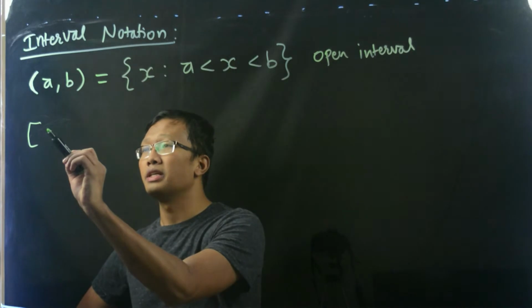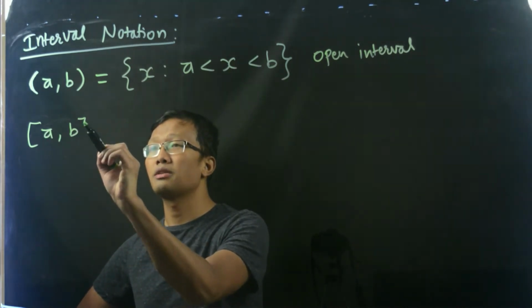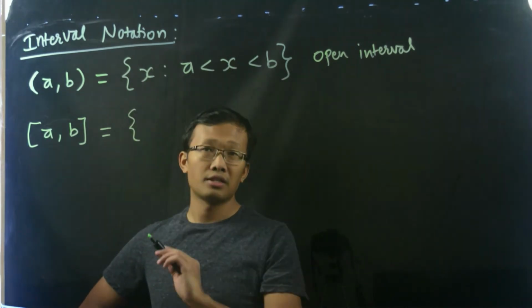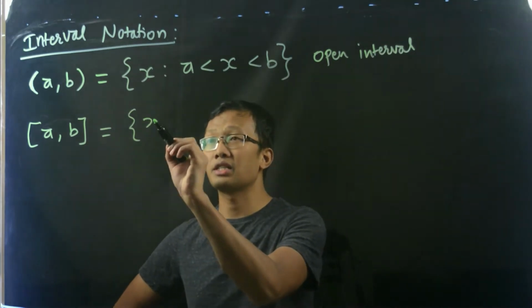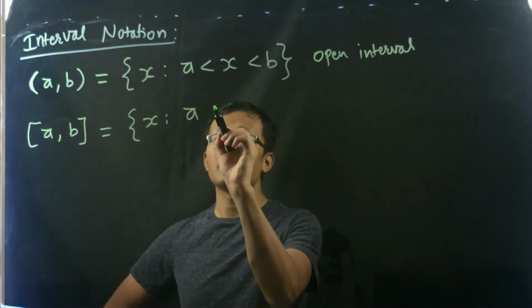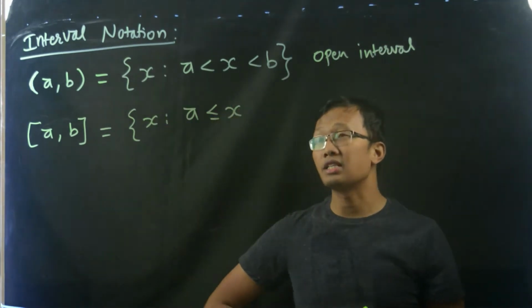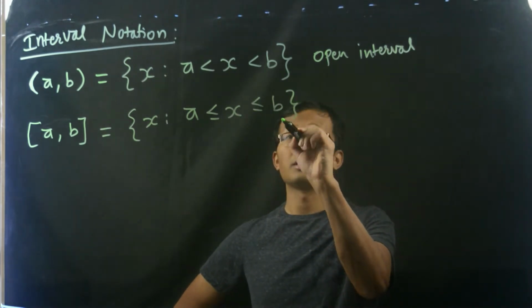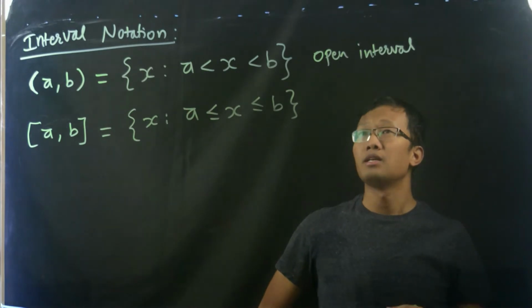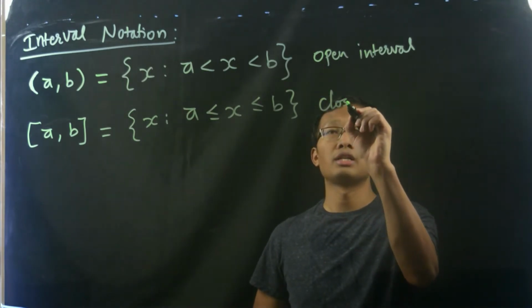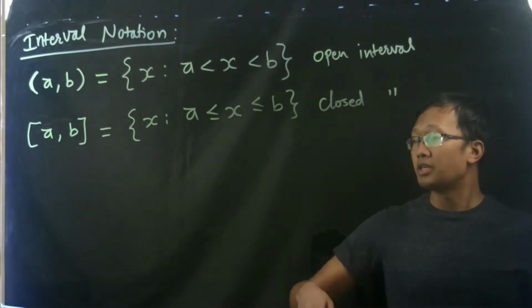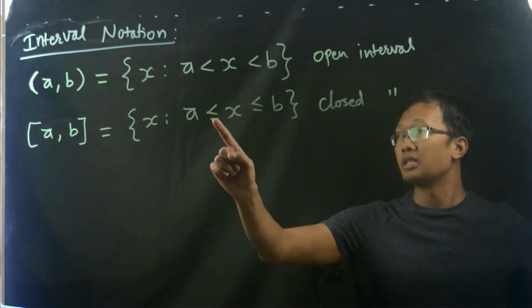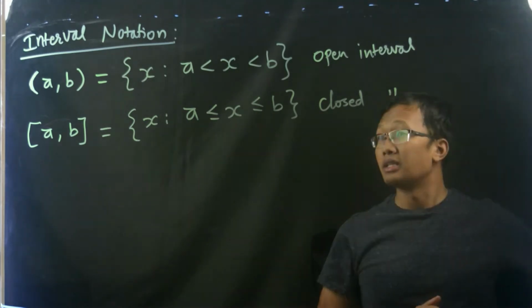Number 2 is the closed interval. Its set theoretical description would be a is less than or equal to x, that means x is greater than or equal to a, and x is less than or equal to b. This is known as the closed interval. Here both endpoints, left endpoint and right endpoint, are included.